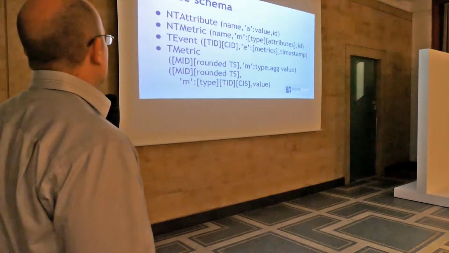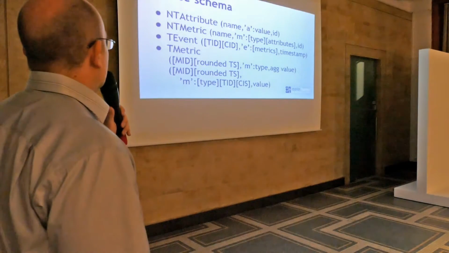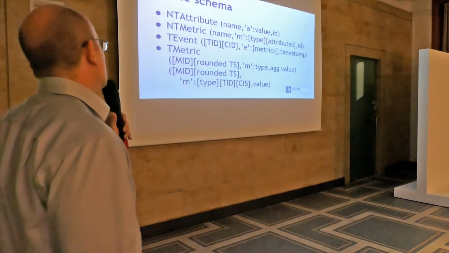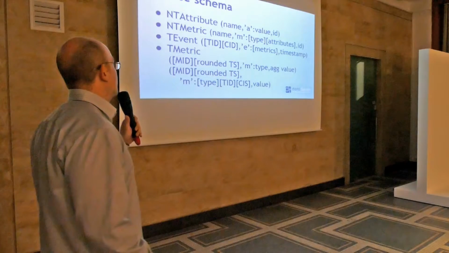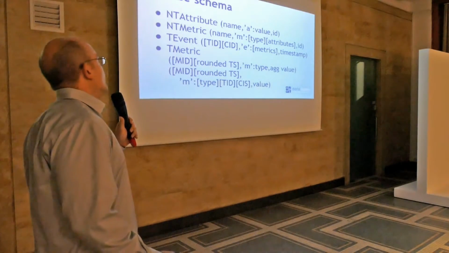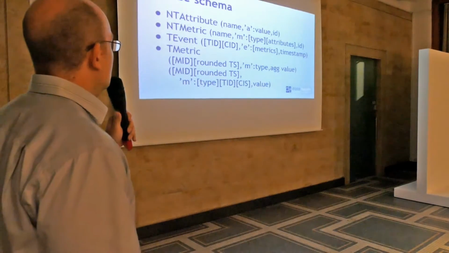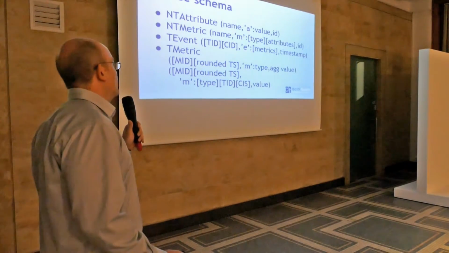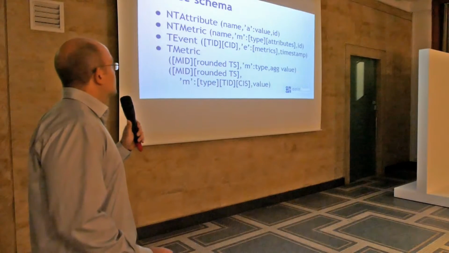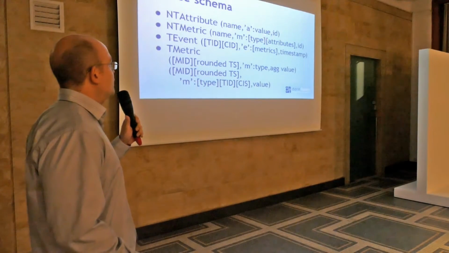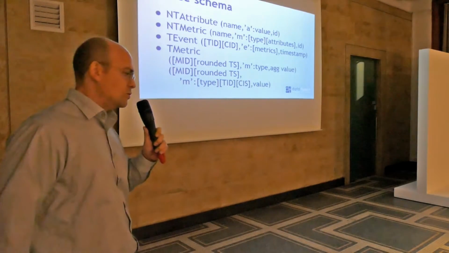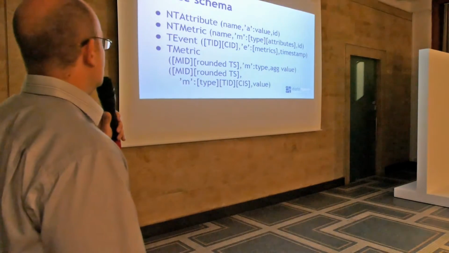So we decided to define attribute tables in order to store different kinds of attributes, with a name, a value and an ID. The name was the primary key, the value was the column family, and the ID was what we stored in the cell.